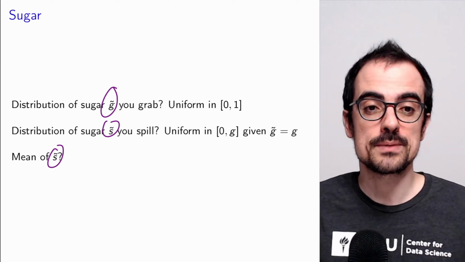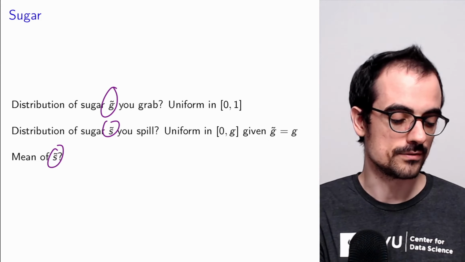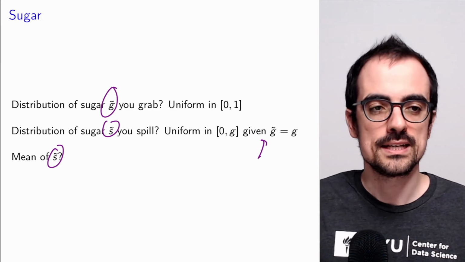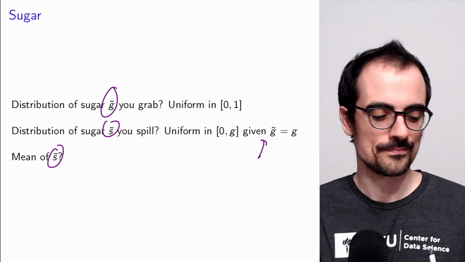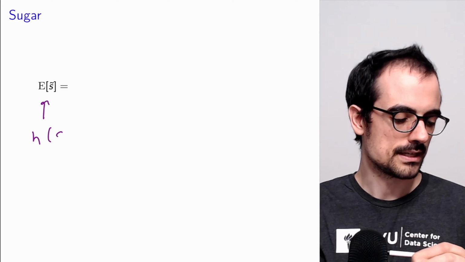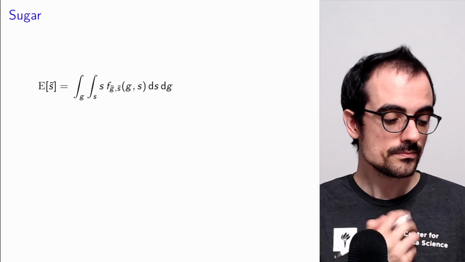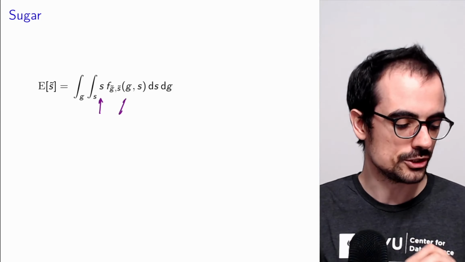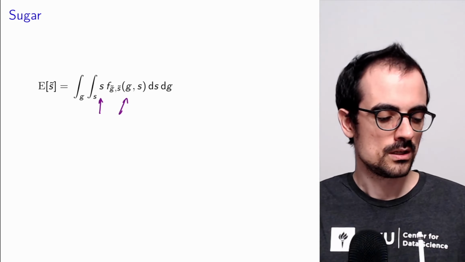The reason we do that is because we don't have the marginal distribution of S, we only have it in terms of G. Of course, we could derive that marginal PDF and just compute the mean, but we're going to see that it's actually easier to just interpret S as a function of S and G. So if we do that, we can apply our formula where the mean of that function is equal to the function weighted by the joint PDF and then integrated with respect to the two variables.